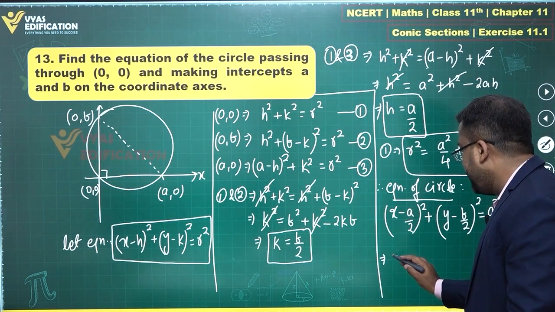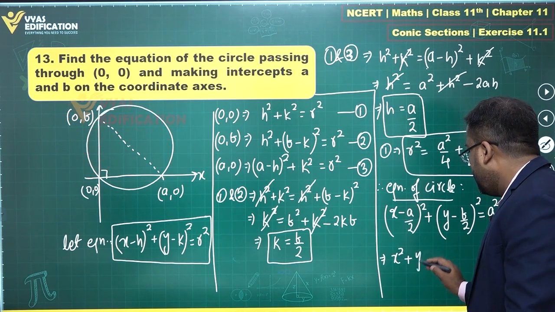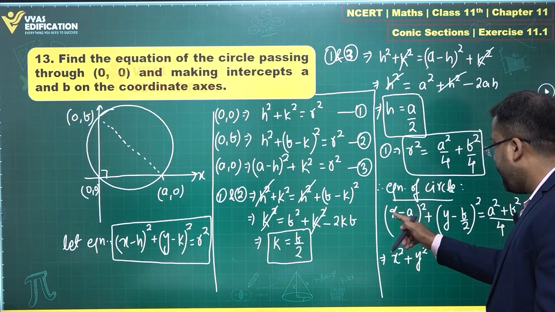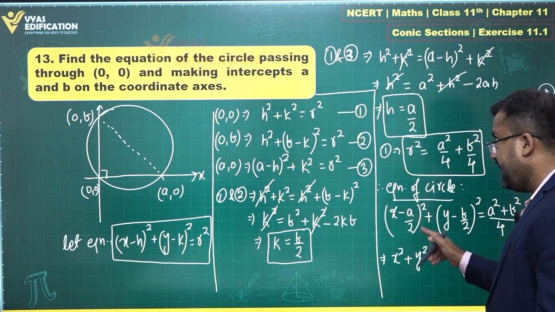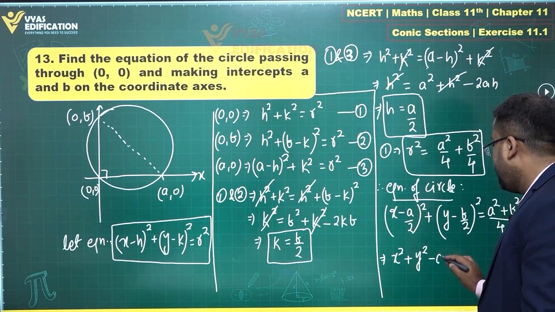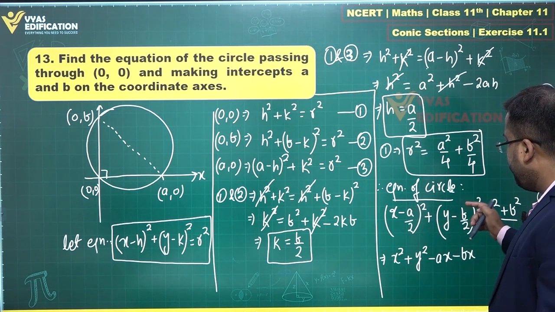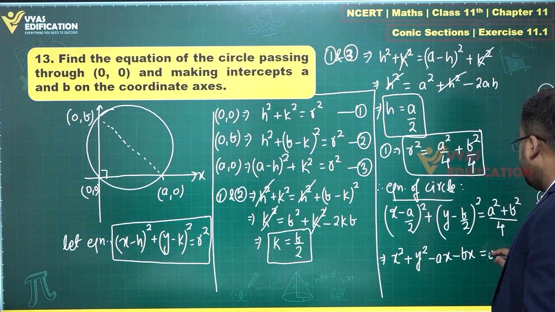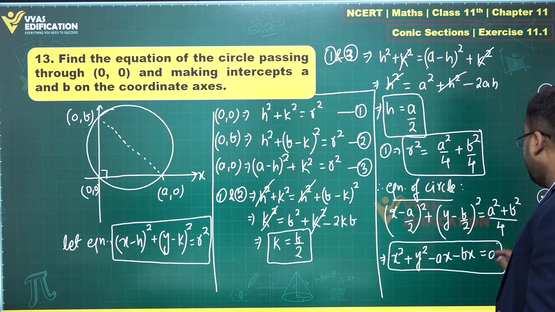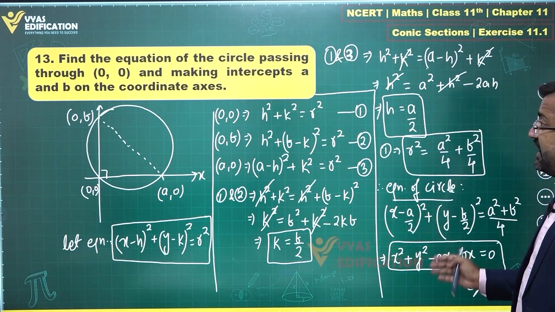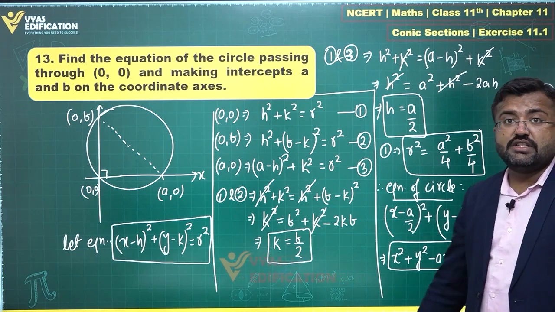Let's rearrange this a bit. This gives x² + y², then −2a/2 x, which is −ax, and similarly −by. The a²/4 and b²/4 terms get cancelled, and what you get is x² + y² − ax − by = 0. That's the final answer for this 13th question.